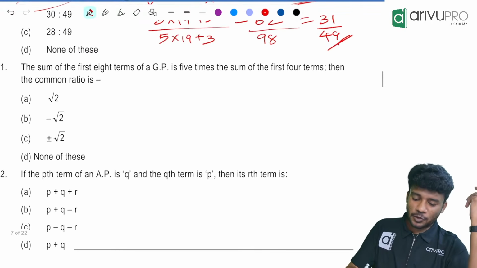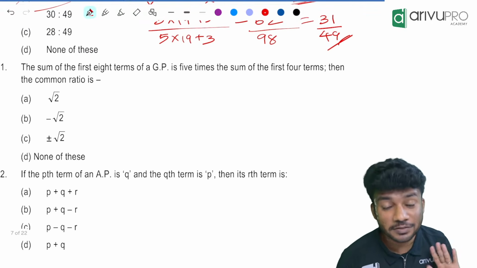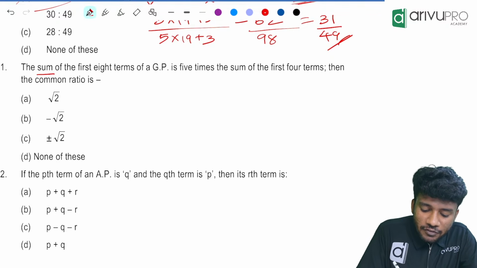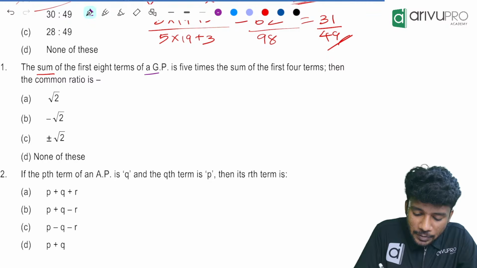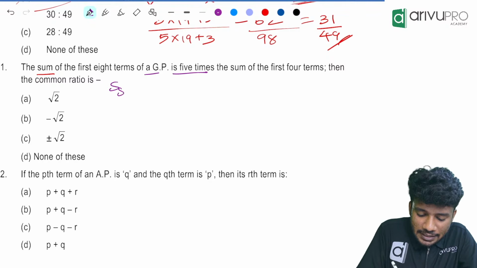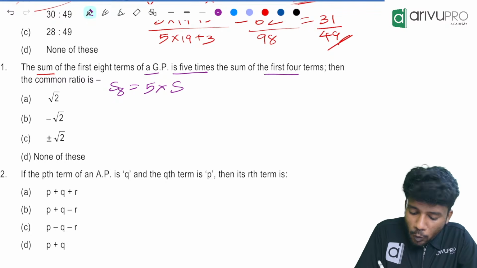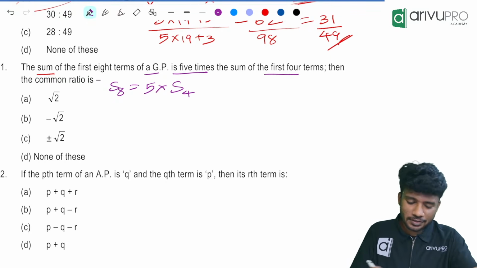Next one, the same question was there in our yesterday's MTP discussion also. Another repeated question. The sum of the first 8 terms of a GP is 5 times the S4. That means S8 is 5 times S4.